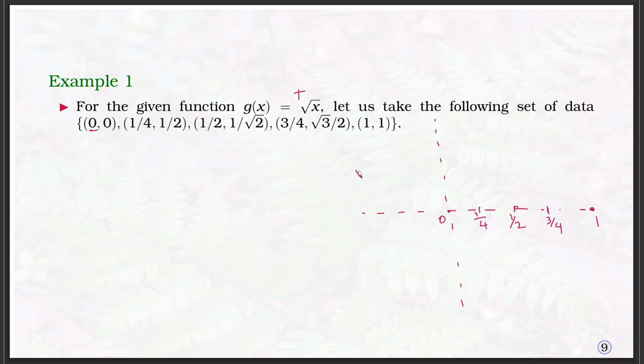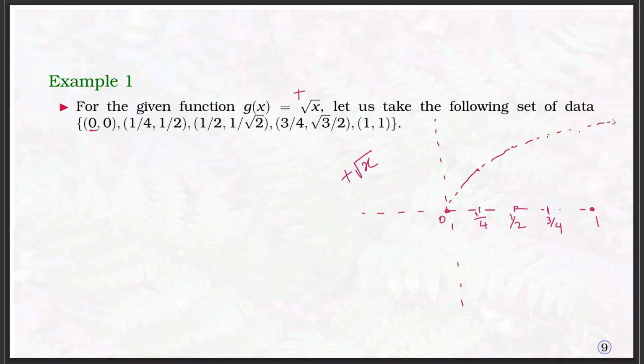Then we have the function, the positive square root of x. 0 goes to 0, 1 by 4 goes to 1 by 2, maybe here, 1 by 2 goes to 1 by root 2, it is 1 point something here, 3 by 4 goes to somewhere here, and 1 goes to 1 here. Then we can get the function like this one.